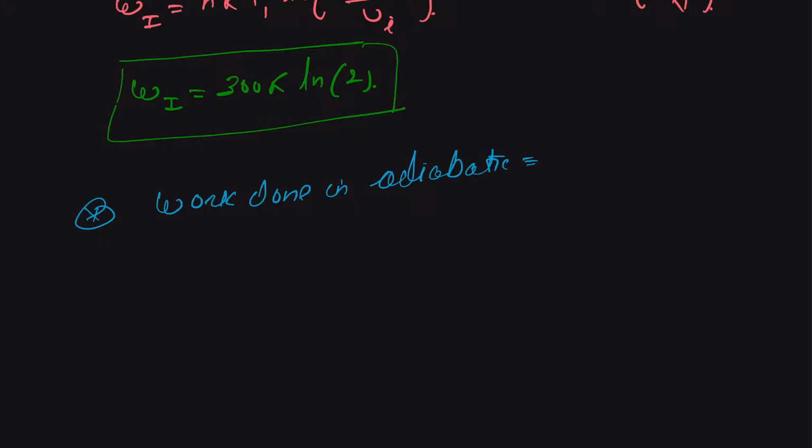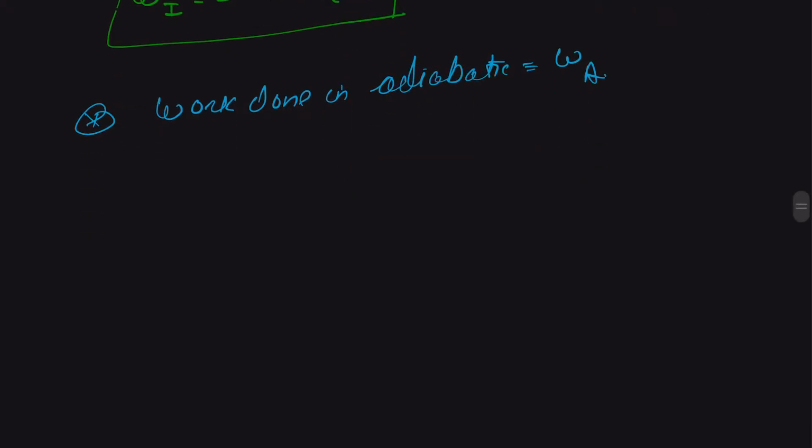Let us suppose it is WA, then this WA will be equal to nCv times TA minus TB upon gamma minus 1.